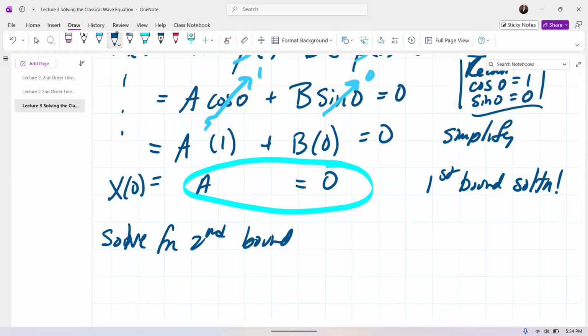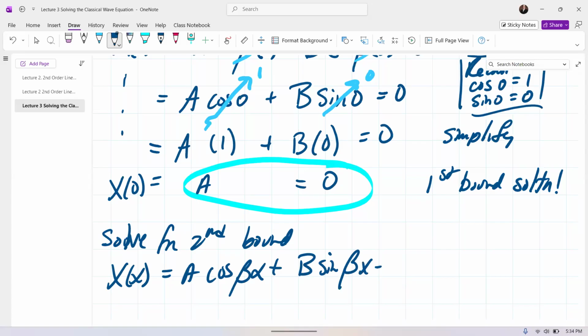And let's do it. X of x equals a cosine beta x plus b sine beta x equals 0. This is the solution from above. But we know some information.